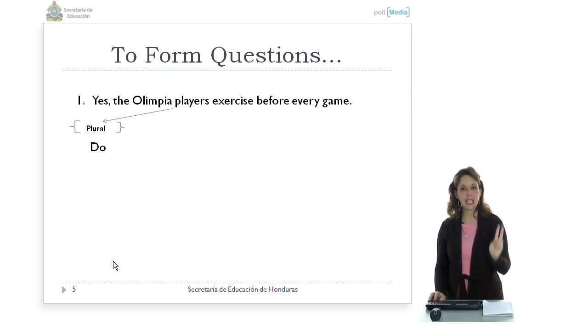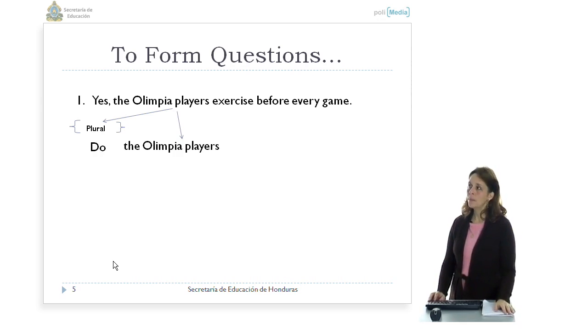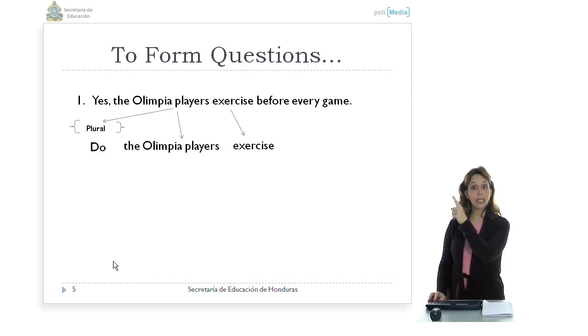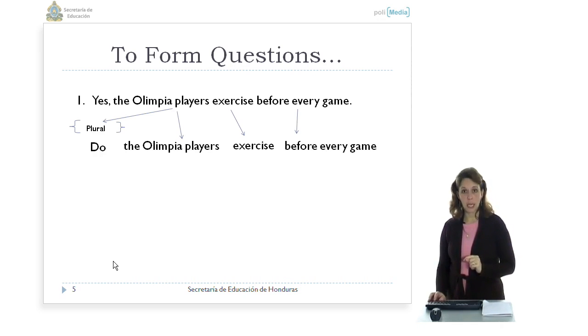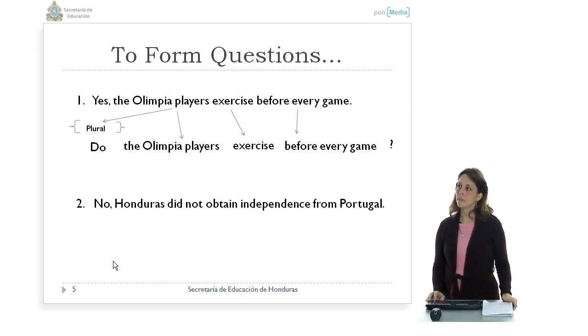Does is singular and did is past. So, do is our only option. Do, the Olympia players are the subject. The verb is already in the sentence, exercise, before every game, other information, question mark. The do goes in the front, then the subject, then the verb, then other information.